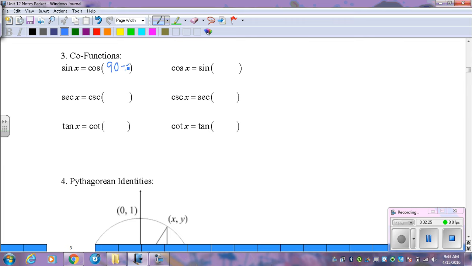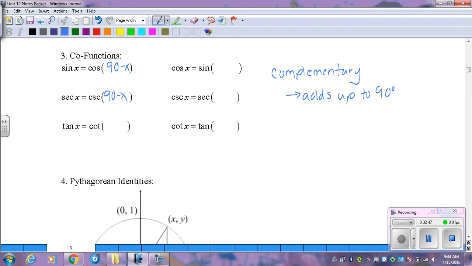So basically they are complementary. They have to add up to 90 degrees. So each one of those blanks in there is all going to say 90 minus x. So as long as you know that, you don't need to fill in the rest of the blanks.